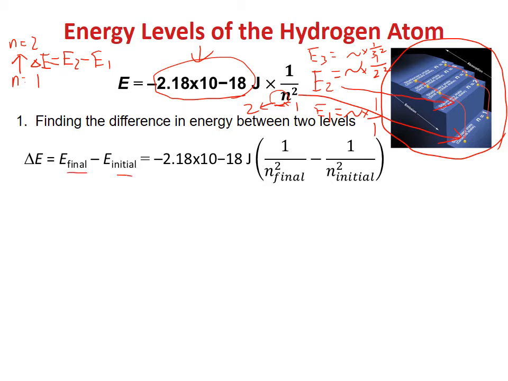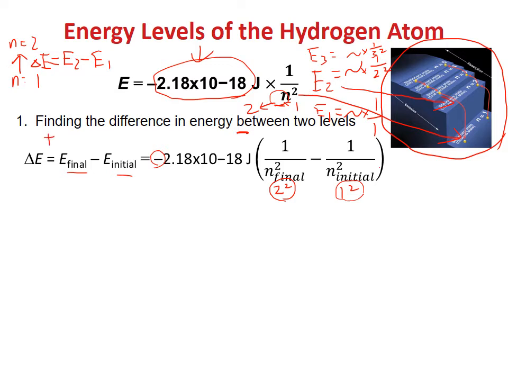So in this case, this is 2 squared, and this is 1 squared. And you can see that 1 divided by 4 is smaller than 1 divided by 1. So this will be a negative number. And you also have a negative sign, and so delta E will be positive.